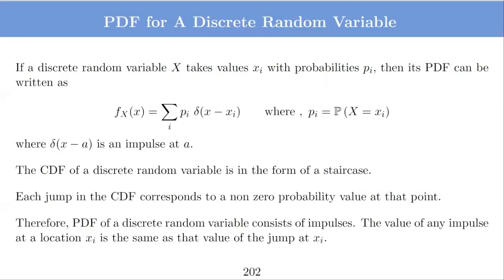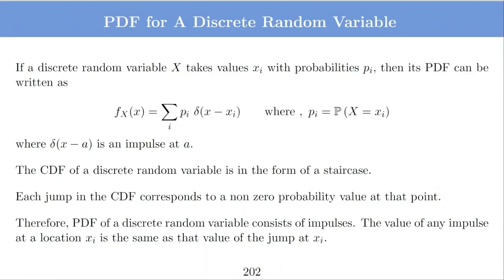So this is nothing but a sum of different impulses at xi, where xi denotes the values this discrete random variable takes. Just to clarify, delta(x minus a) is an impulse at a. So it's a function of x and it's an impulse at a.